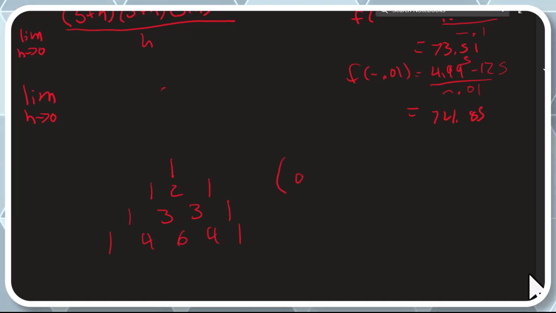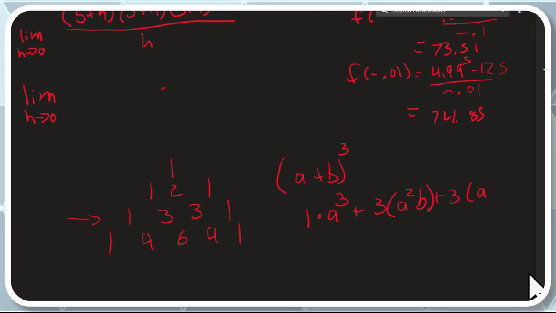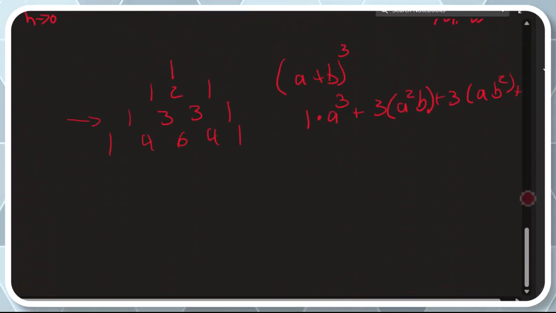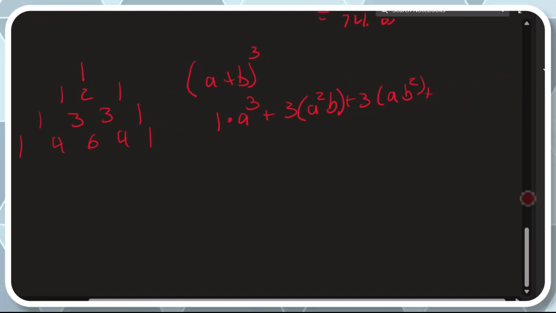If I had something like a plus b to the third, then I go to the third row here, and this would be 1 times a cubed plus 3 times a squared b plus 3 times ab squared plus 1 b cubed. So this is just a little extra. You're not required to know that.